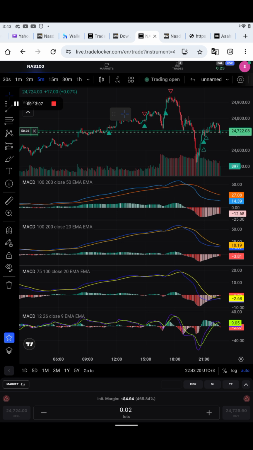You should see some green candles popping up on the 75. That's the 5 minute on the 75. And you got that on the 5 minute.